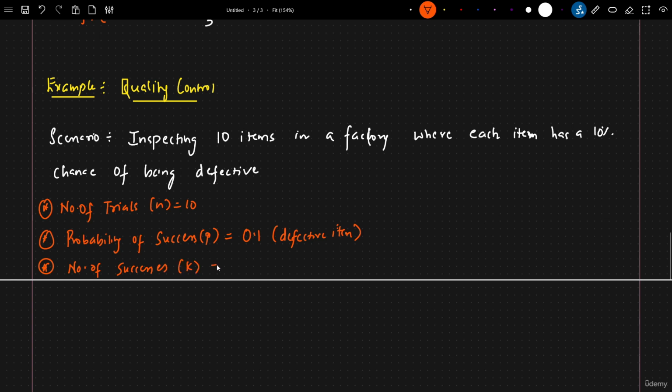Then number of successes: here my k value will vary from 0 to 10, right? Because out of those 10 items, all 10 can be defective, and each item has a 10% chance of being defective. So the probability of success is 10%, but the number of successes, defective items, can range over all the items.